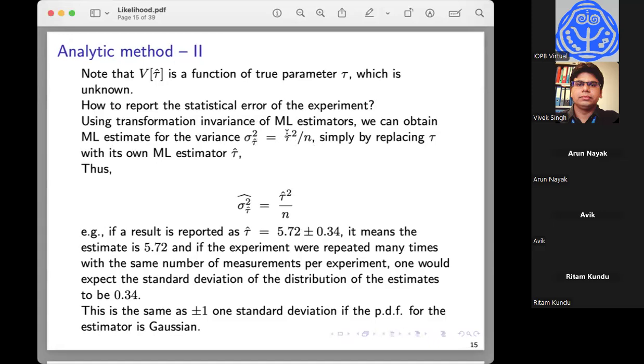Since it is a function of tau, we can simply replace tau by its own ML estimator tau hat. So when we report it, we can report sigma hat squared as tau hat squared by n. So if our estimate is reported as tau hat, say 5.72, then plus minus something, this plus minus something comes from this sigma hat squared. Okay.